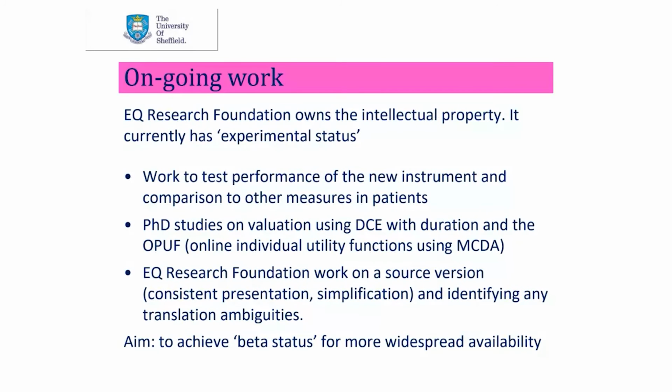There is now an experimental version of this instrument available for methodological work, but you have to go to the Euroqol Research Foundation site if you want to use it in a methods study, and there are some discussions to be had. But the hope is that over the next year or so, it will move to a beta status where it will become much more widely available for use in studies.